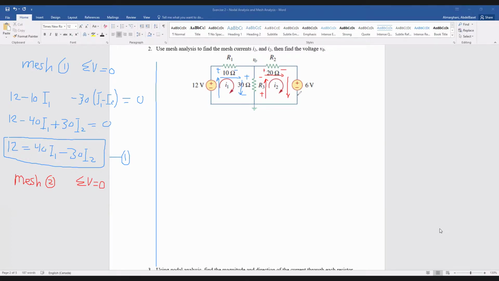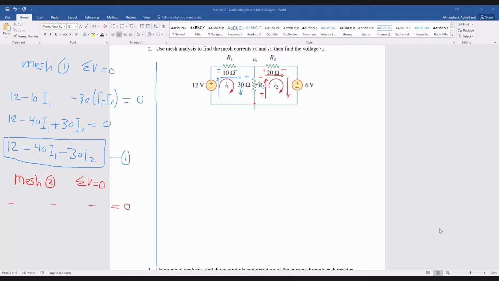If I start from the other way, it's gonna be positive, positive, positive. But the equation is gonna be the same. So if I go this way from this point and go around, the voltage here is negative, the voltage here is negative, the voltage here is negative. Okay, so it's gonna be negative voltage and negative voltage and negative voltage equal to 0.